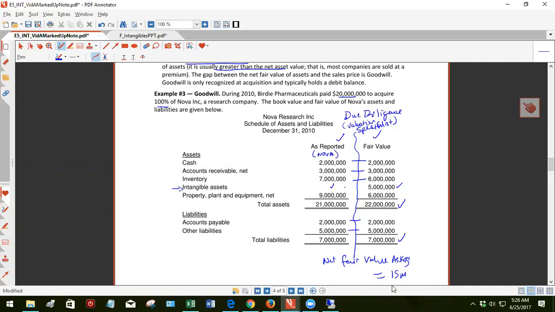If you owned Nova Research Incorporated, you could sell off all the assets, pay off all liabilities, and you're left with $15 million. I refer to that as a liquidation value. The book doesn't, but I do. I think it's more intuitive. They throw the word fair value around, and you need to know that. But sometimes, to be more clear, I'll say liquidation value. Okay, if you liquidate the company, what is left over?